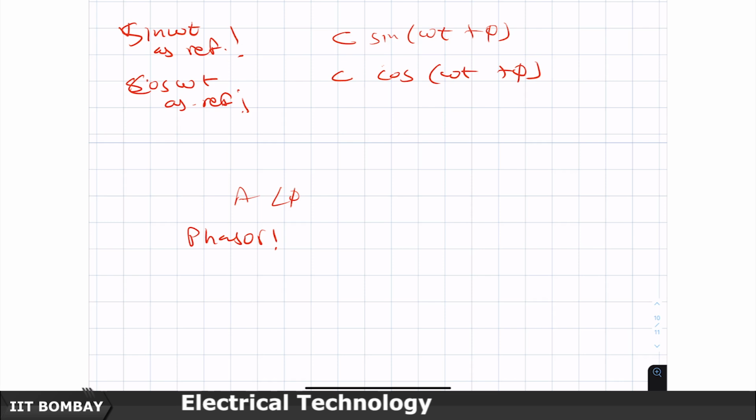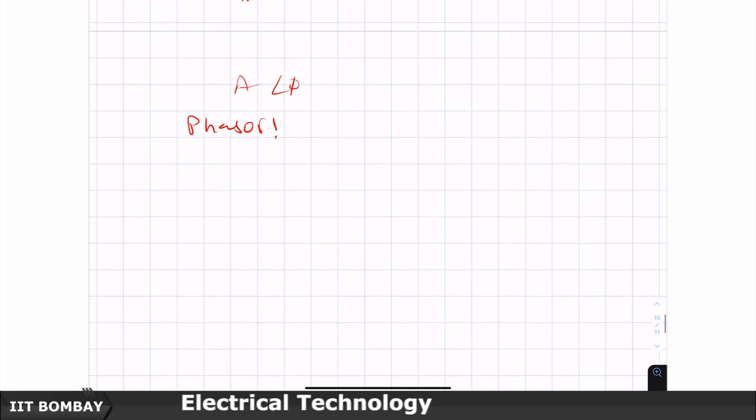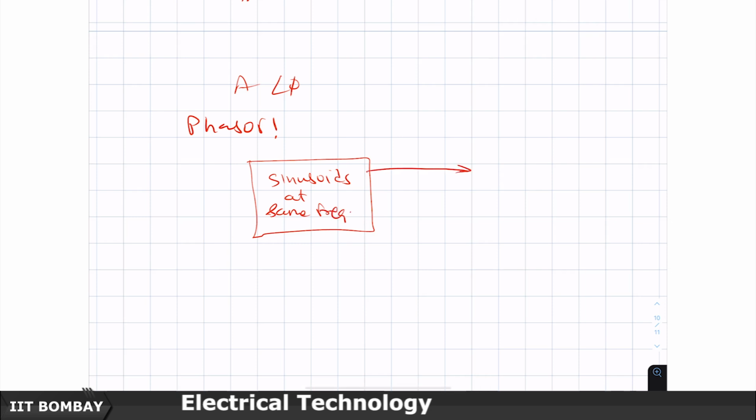Instead of dealing every time with the time domain waveform, writing everything as sine omega t plus phi, cos omega t plus phi, and then all the trigonometric additions, it is much better to take these sinusoids, but the important thing is they have to be at the same frequency. This is very important. Convert them into vectors, and for vectors later on you know that you can use complex numbers also instead of vectors.